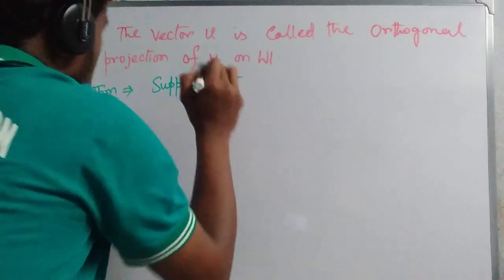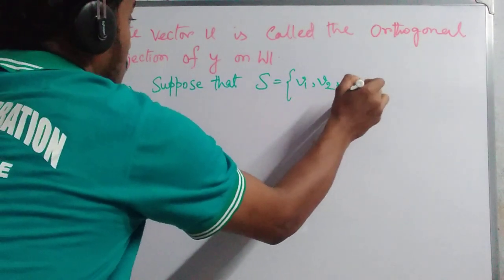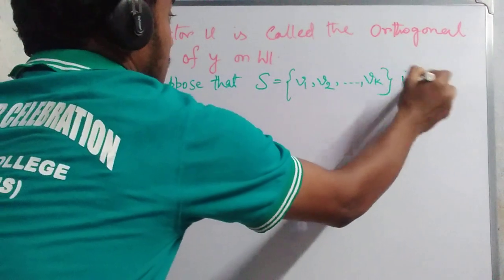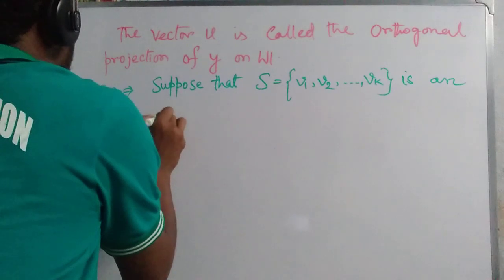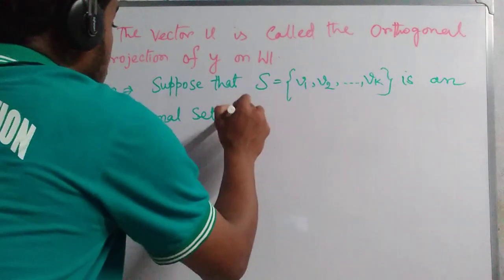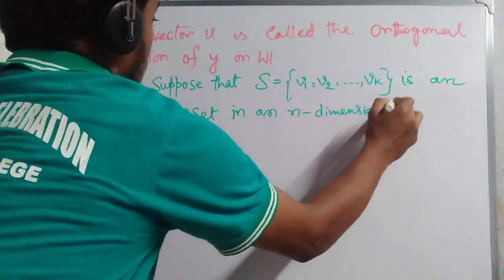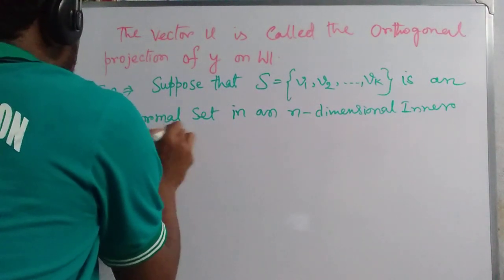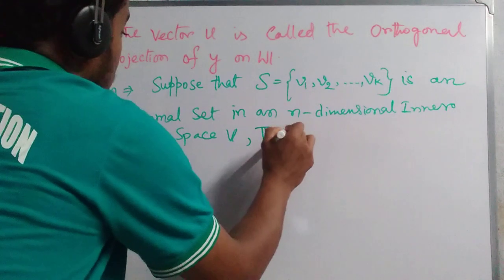Suppose that S equals {v1, v2, ..., vk} is an orthonormal set in an n-dimensional inner product space V. Then what happens?